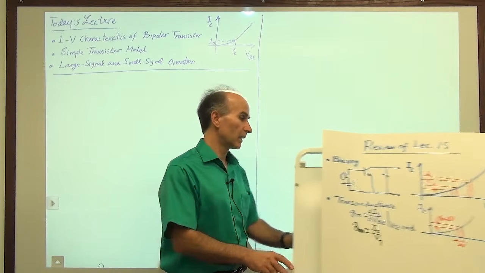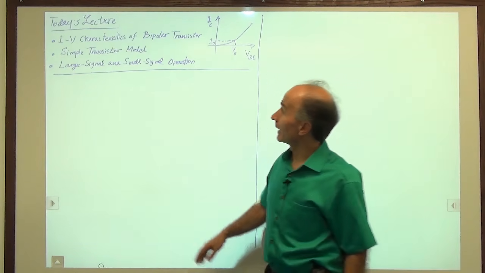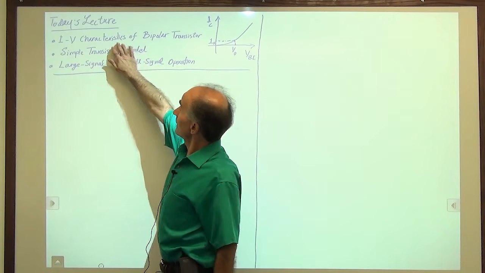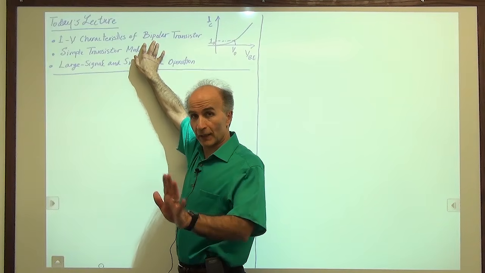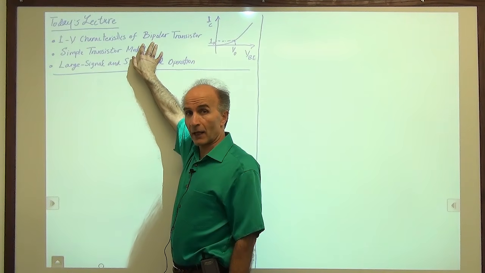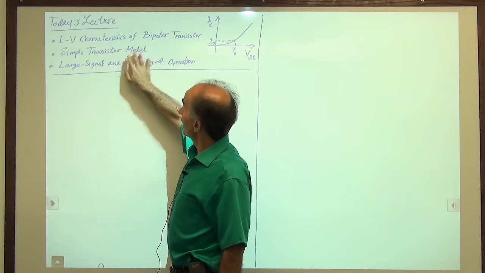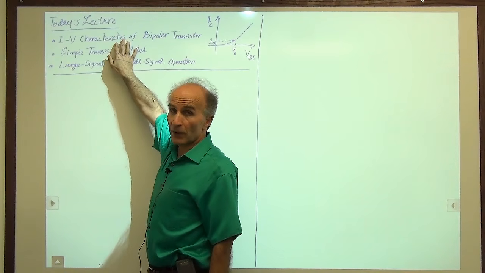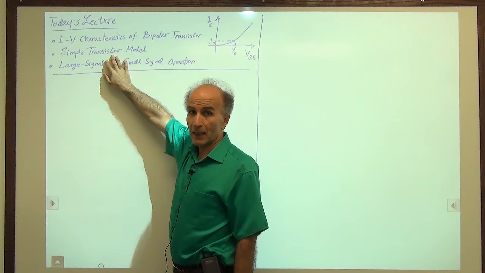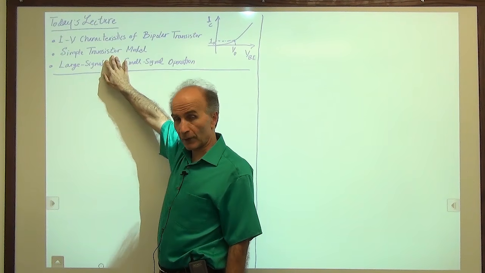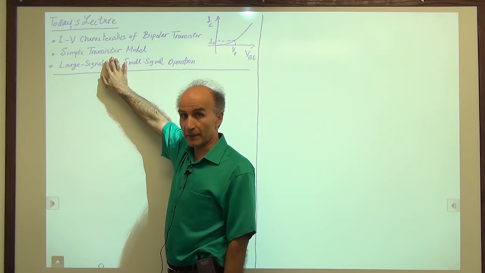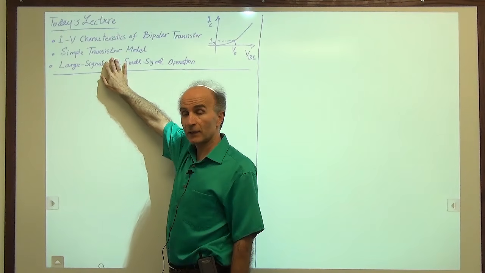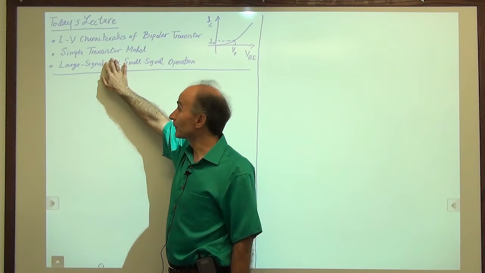All right, so today we will start from there, and we summarize the IV characteristics of the bipolar transistor just to make sure that everything is clear and on one page. Then, based on these observations, we try to construct a simple model for the transistor. As I said, a model that's based on more familiar devices so that we can use it to analyze circuits.